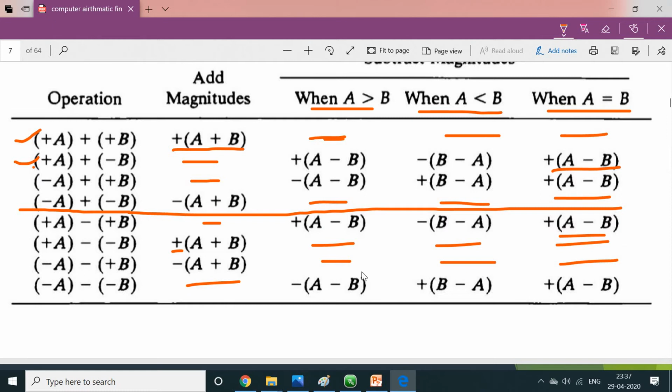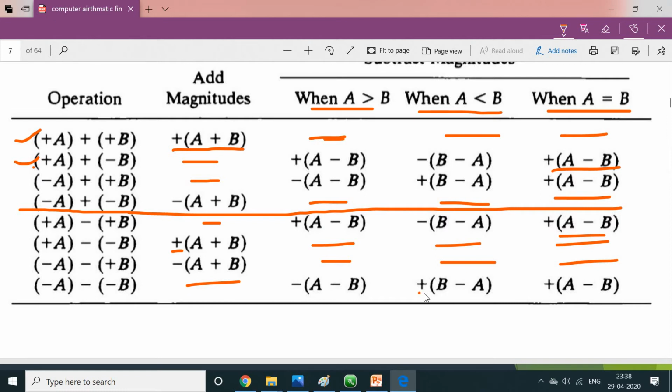b. Second case, a less than b. Same operation. Here b is positive, this is negative, so the positive, and a is the negative, so b minus a, when a is very less compared to b, that means b is greater.